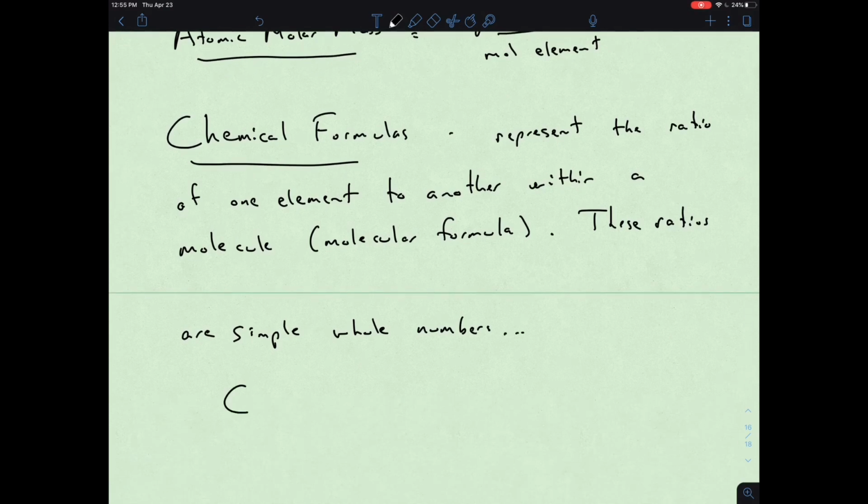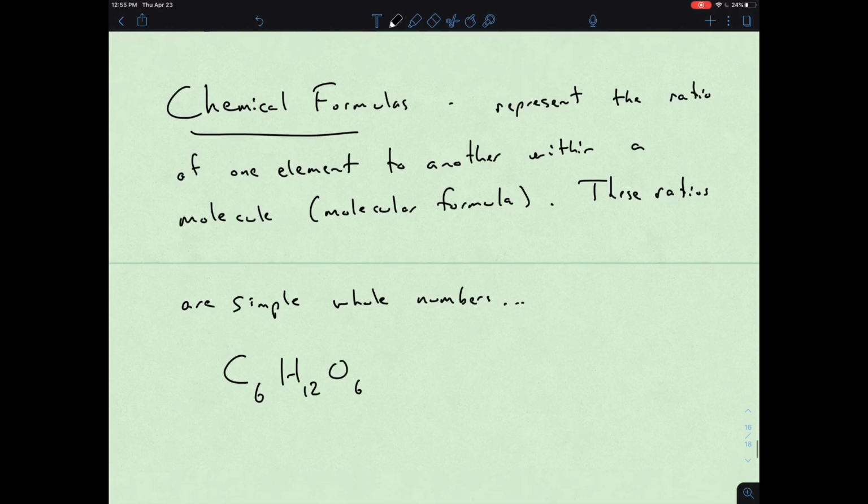We might be familiar with this particular molecule. This is glucose, or sugar.